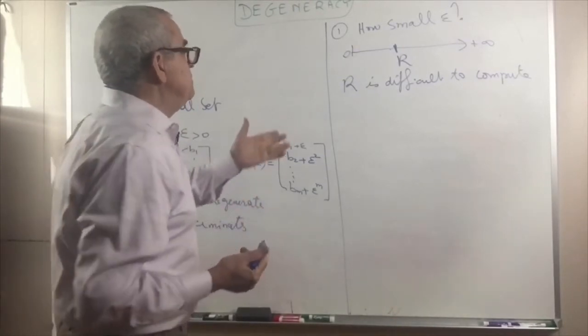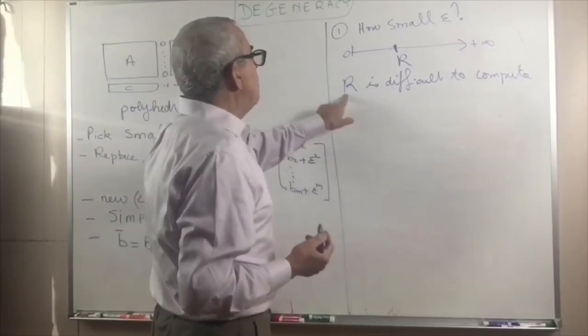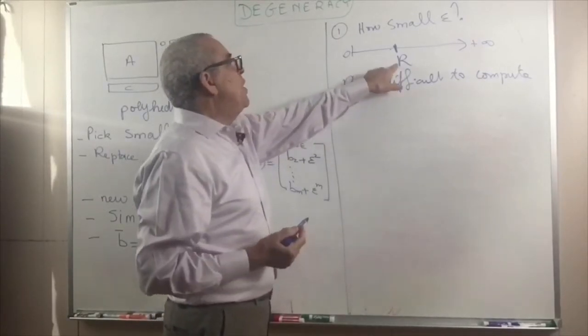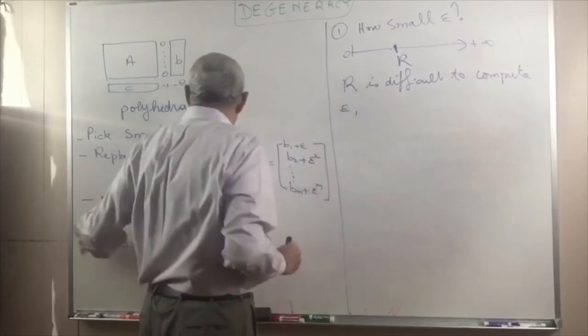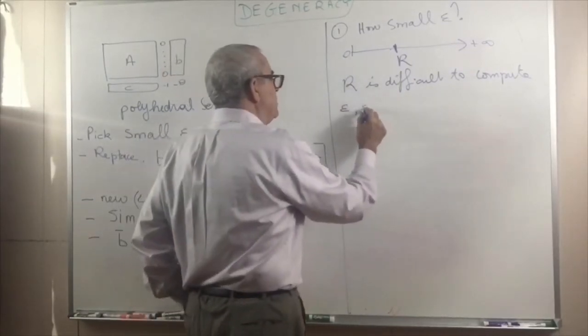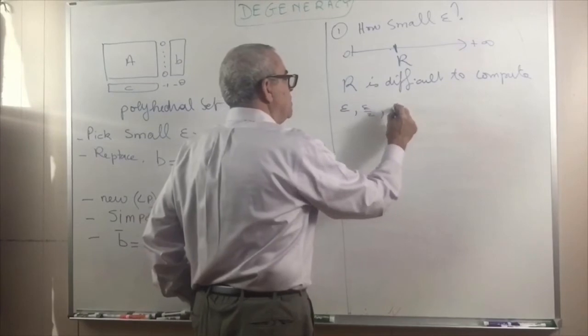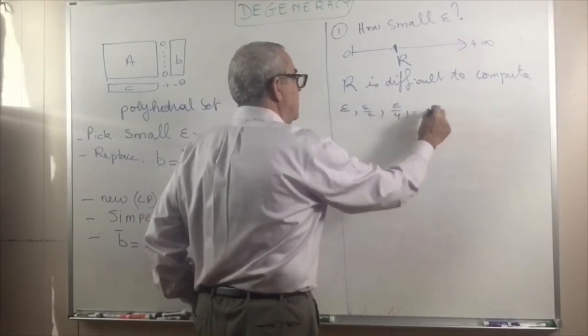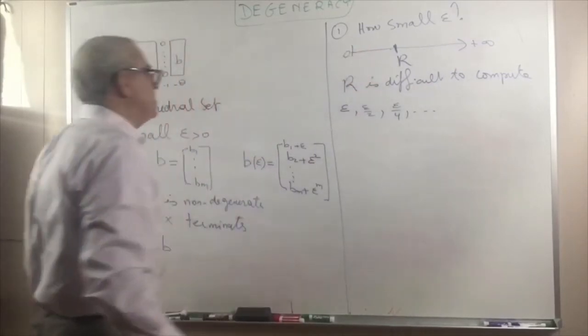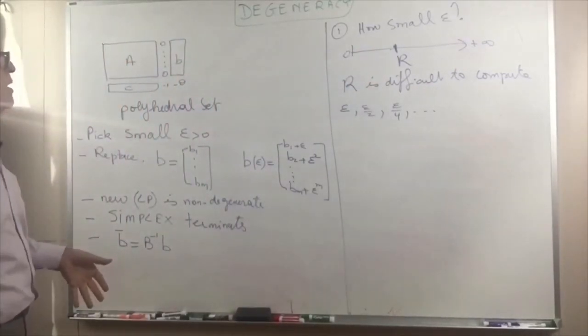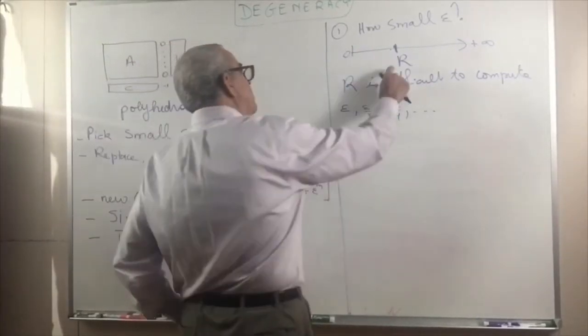But theoretically, we could overcome not knowing r, because I'll try epsilon. If this doesn't work, we'll try epsilon over 2. If it doesn't work, we'll try epsilon over 4, etc. At some point, I'm going to be less than r and my method works. So theoretically, we could overcome the fact that we don't know r.